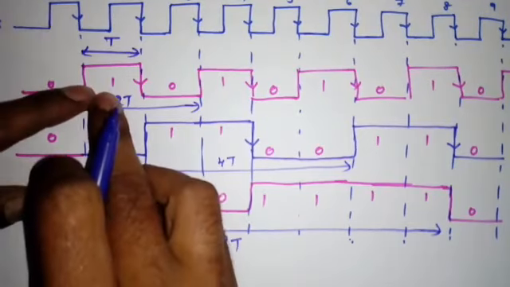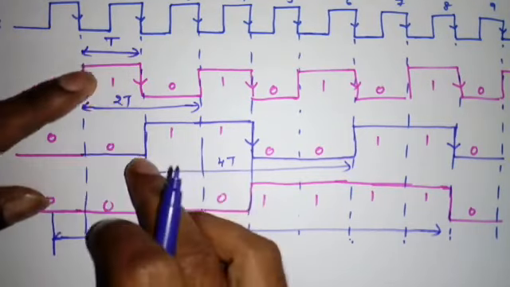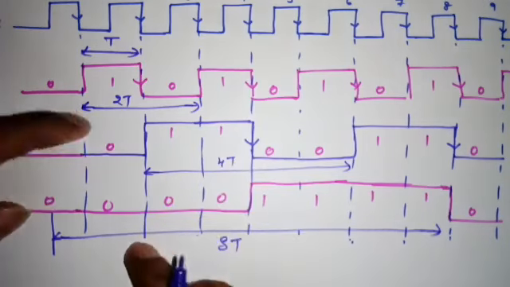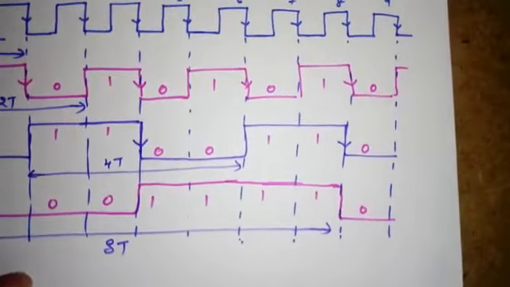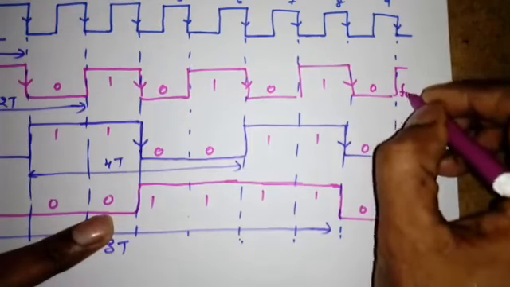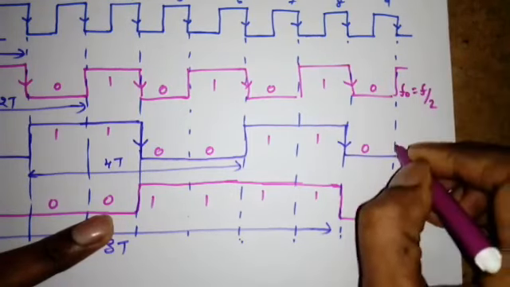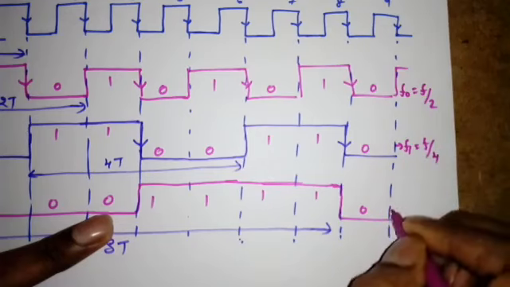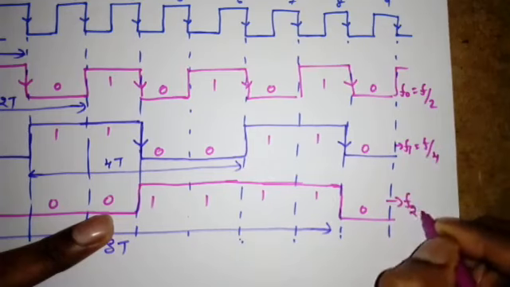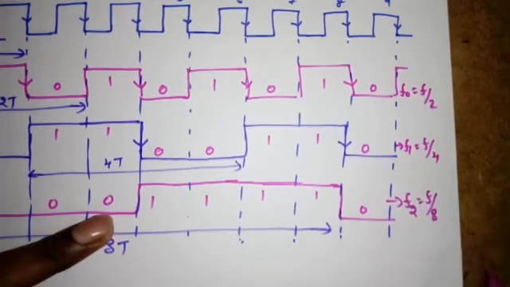Q0 changes every 2t, Q1 every 4t, and Q2 every 8t. So what can be the frequencies? This is F0, which is F by 2. This is F1, which is F by 4, and this is F2, F by 8.